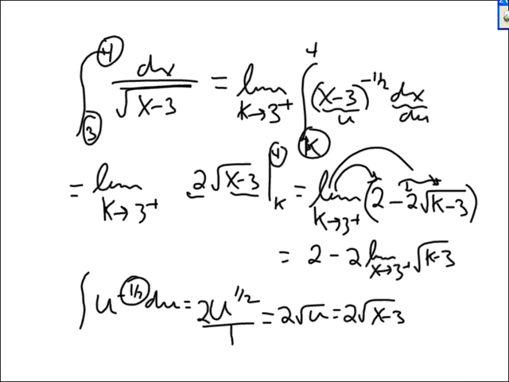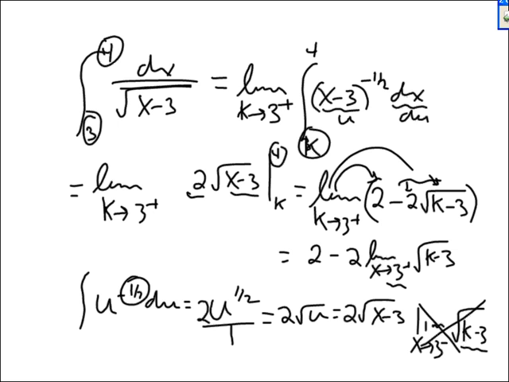It had to say 3 plus because the limit as x goes to 3 from below 3 of this makes no sense. Because if you're less than 3 and you take away 3, you're negative. You can't take the square root of a negative number.